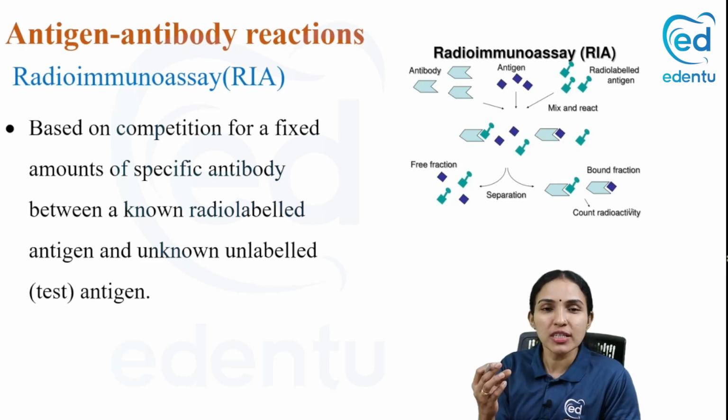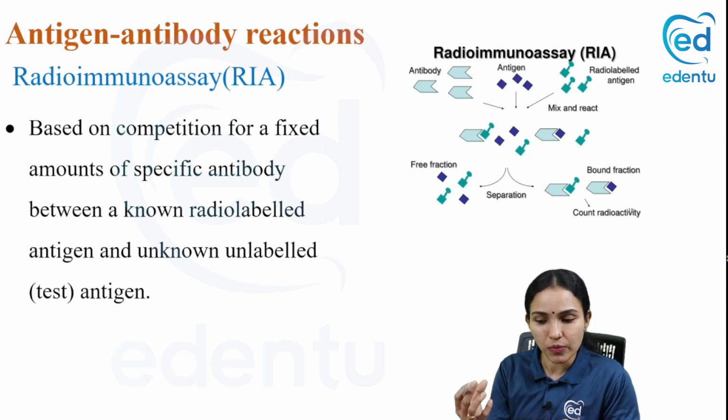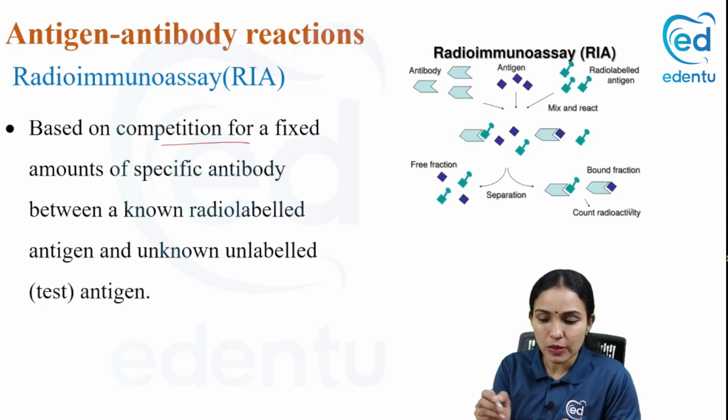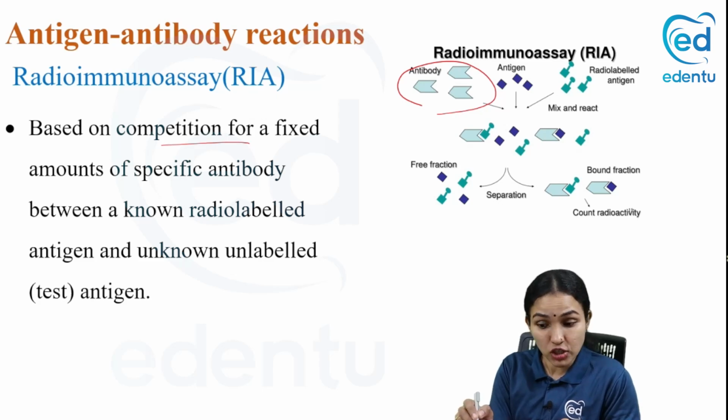Instead of conjugating with enzymes or fluorescent dyes, we are conjugating with a radio-labeled substance. Here it's actually like a competitive ELISA, because we incubate a known antibody with the patient's serum, which is supposed to contain a particular antigen, just like in competitive ELISA.